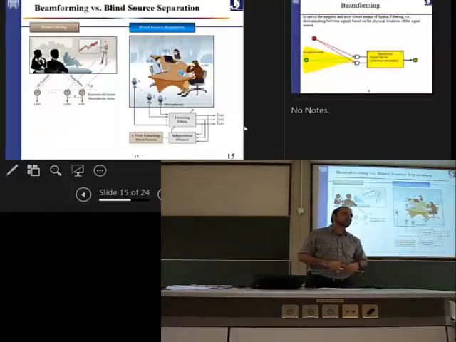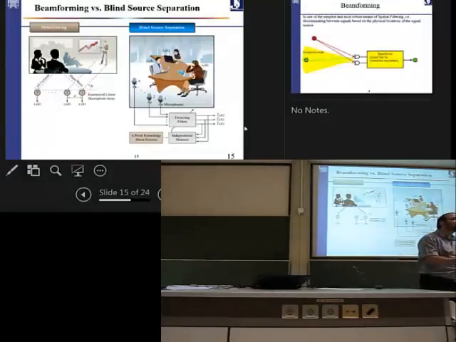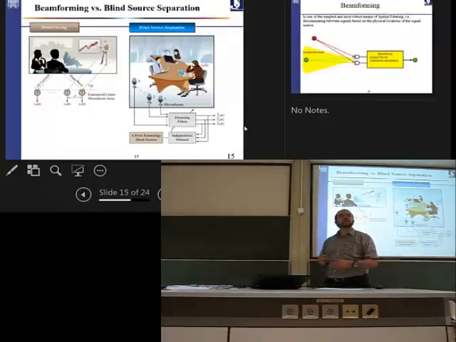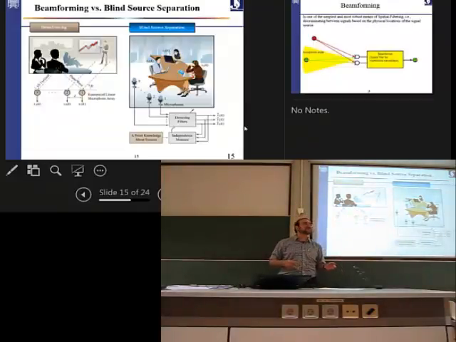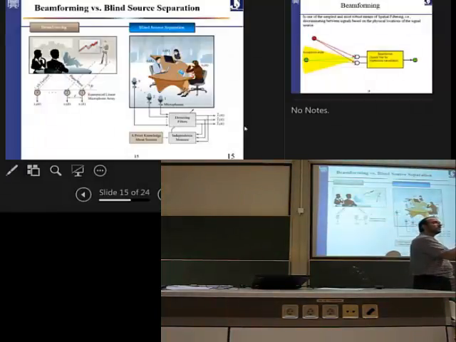Because the guy might stand close to the microphone array but speak very slowly, or he might be far away and speak very loudly, like what I'm doing now. So that's why the distance is always ambiguous. But we can talk about the azimuth and the elevation.